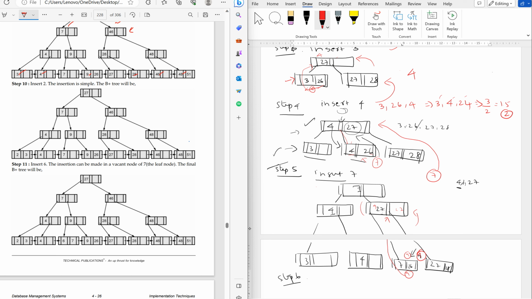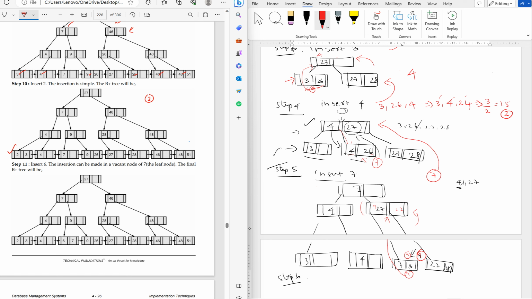We have to insert 2. From the topmost element, since 2 is lesser than all the nodes, it comes near 3. So here it comes.